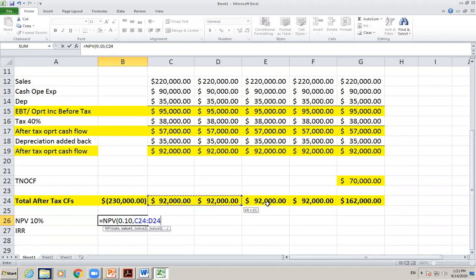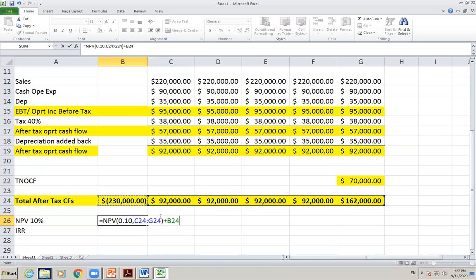And the cash flows are here. You just select this range, close the bracket. And of course, you need to subtract the investment cost, which is here. I'm putting a plus sign here because of the mathematical rule. If you put a minus and the number is already minus, it will not subtract but will add. But to make it a subtraction, we need to put a plus sign here.